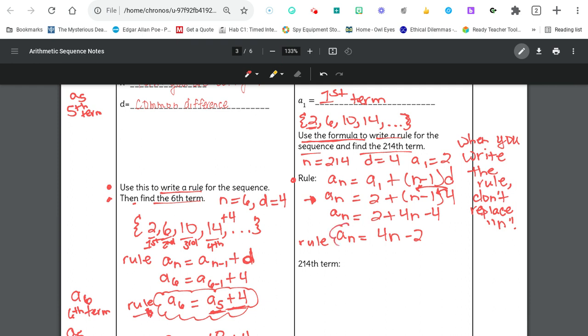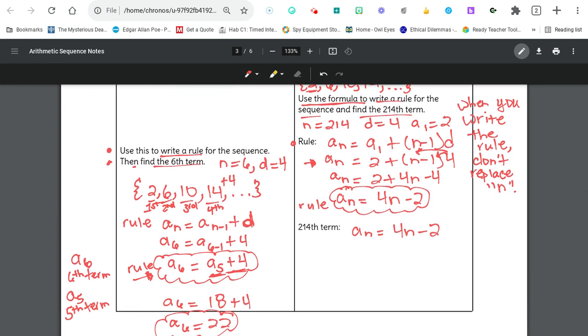I use this one because I simplify. But again, if you're going to write a rule, and a rule is an equation, leave the n, leave the variable. Don't change it like I was about to do. All right, now when you find the 214th term, all you're going to do is write your rule back down and replace n with 214.